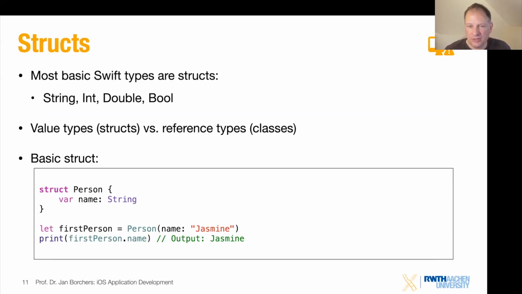You may have gotten used to Java using classes for pretty much everything that is beyond a single basic type like integer. In Swift, it's different. You often end up using structs.